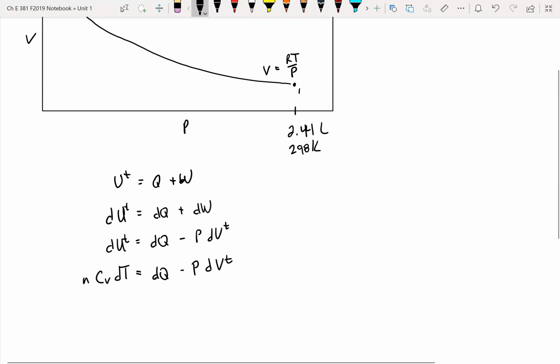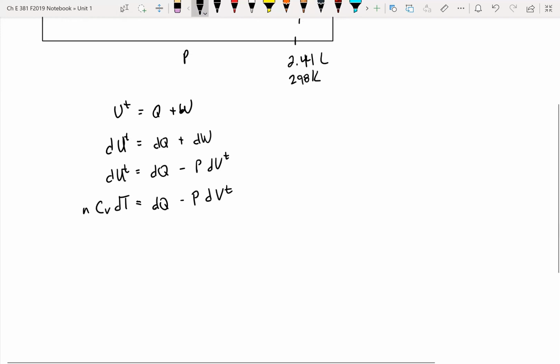For single component systems, that's T, V, and P. Sometimes we want to use P and V, other times T and V, other times T and P, and the way you switch between variables is by working through these equations. So if you put dQ all by itself on one side, we can drop the n for now, because we're going to assume a constant mole system.